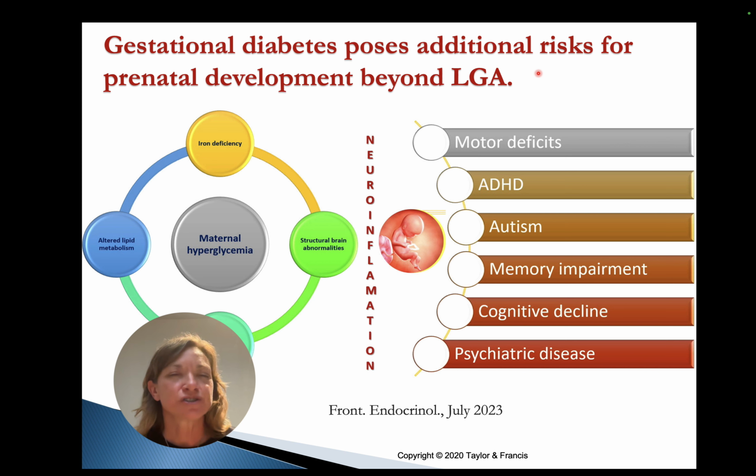Now, one of the maternal metabolic conditions that has the potential to be teratogenic is gestational diabetes. This is new onset diabetes during pregnancy. It's insulin insensitivity, and it typically resolves at the end of pregnancy, not always, but typically. It poses additional risks for baby if it's poorly controlled.